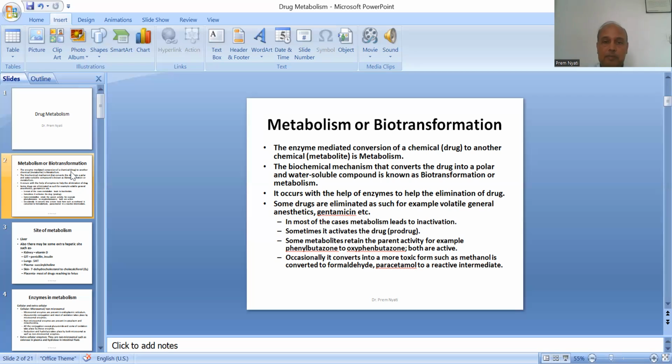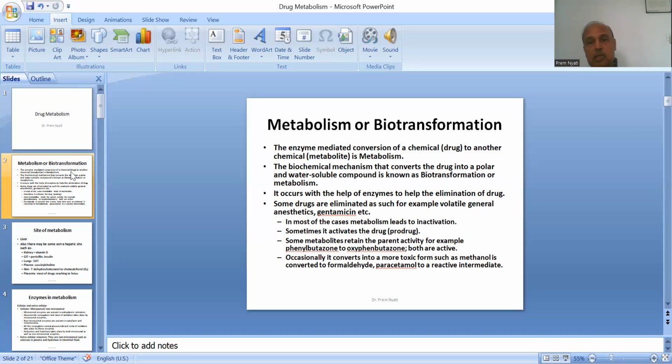So metabolism is the enzyme mediated conversion of a chemical to another chemical. So enzyme mediated conversion of a drug to another compound, that is metabolism. The biochemical mechanism that converts the drug into a polar and water soluble compound is biotransformation or metabolism.